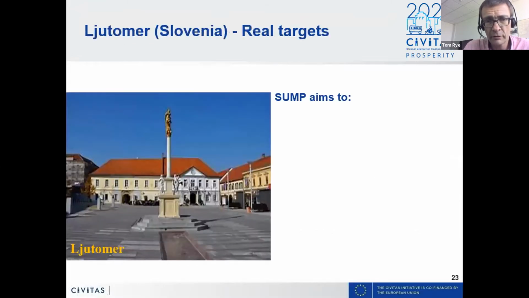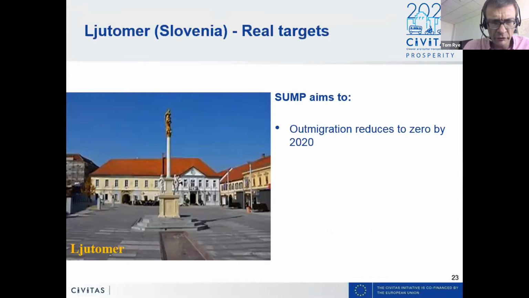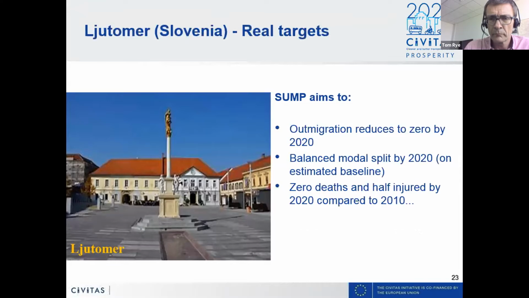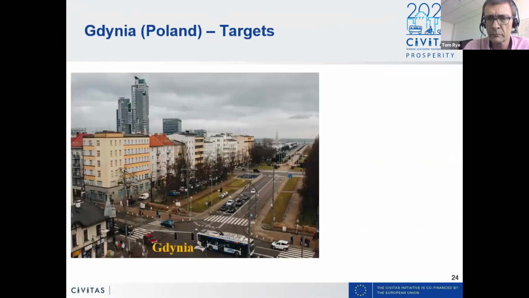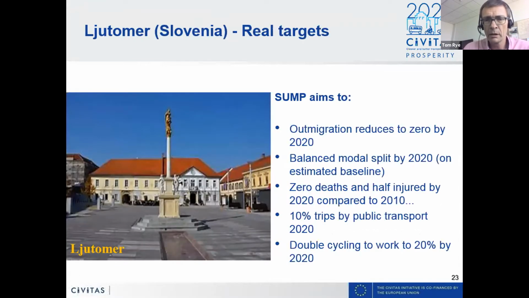Targets in Luton, a very small municipality of about, I think, 7,000 people. And you can see here some that are very relevant to other small cities in many parts of Europe.